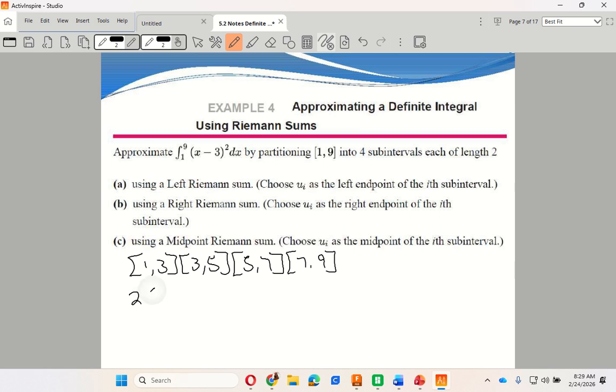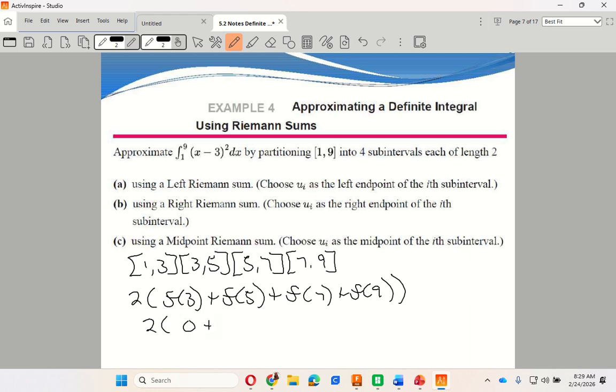So it's 2 times the quantity f of 3, f of 5, f of 7, f of 9: 0, 4, 16, 36, which is 56.